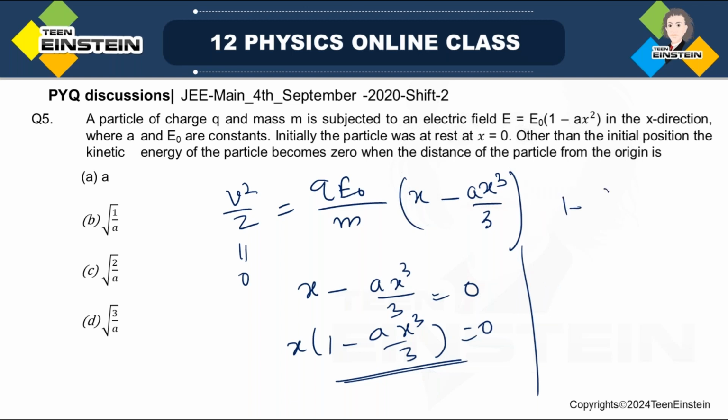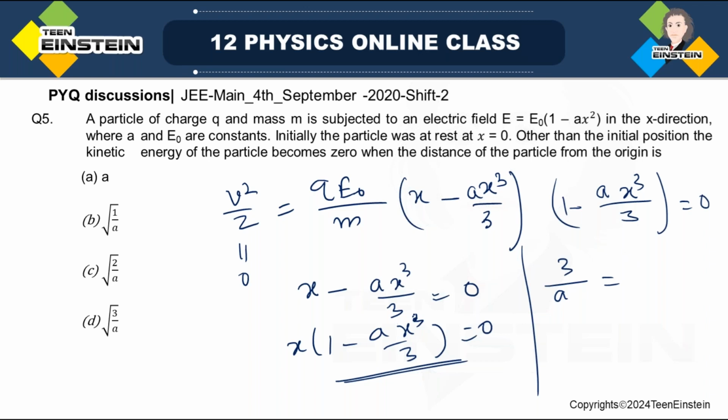See, 1 minus a x square by 3, this is equal to 0. That means 3 by a is equal to x square.